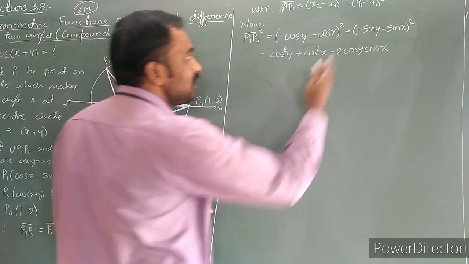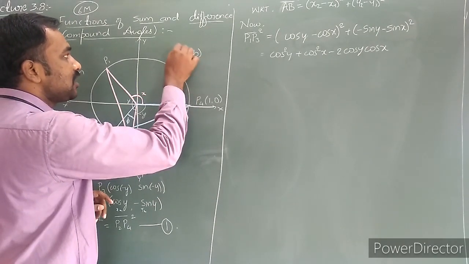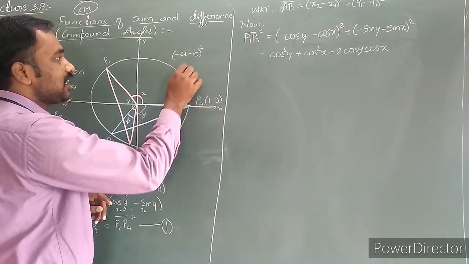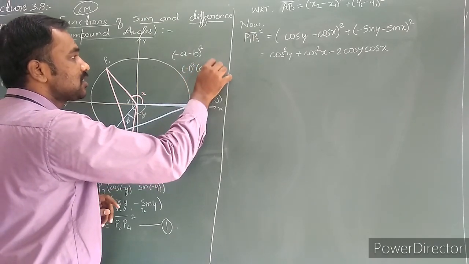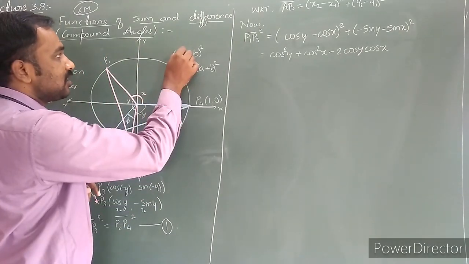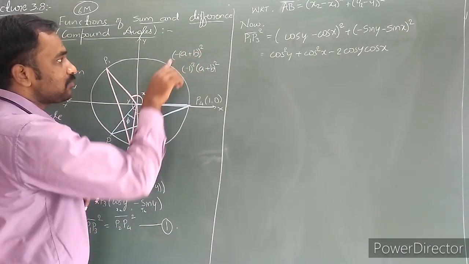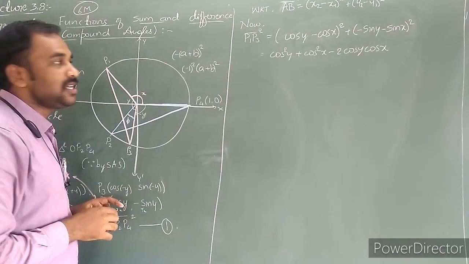Now here, for example, suppose minus (a minus b) whole square is there. If I take minus 1 outside, can I write it as (a plus b) whole square in this manner? Because you can take the minus outside, minus outside means this is a plus b. Minus whole square is minus 1 whole square into (a plus b) whole square.